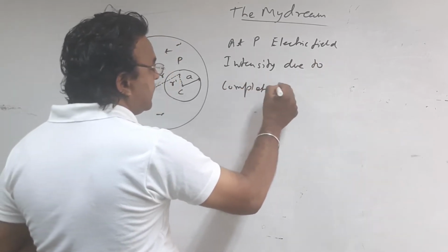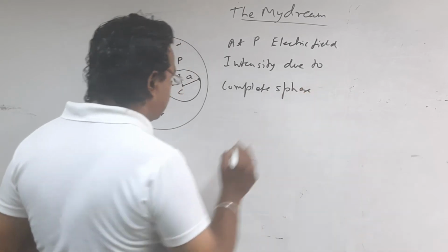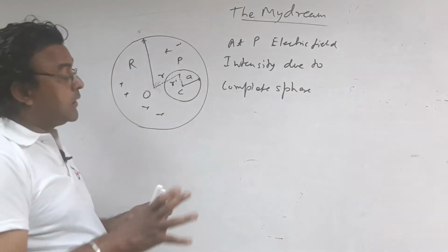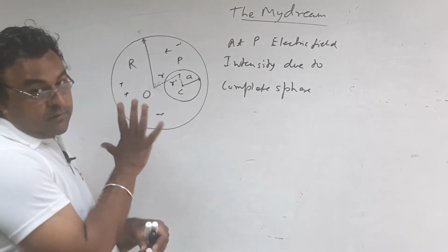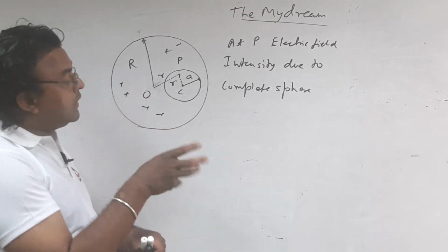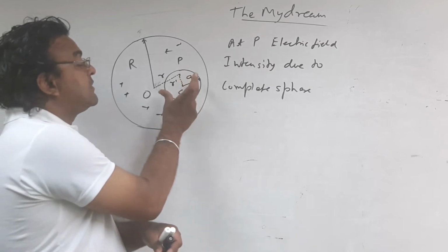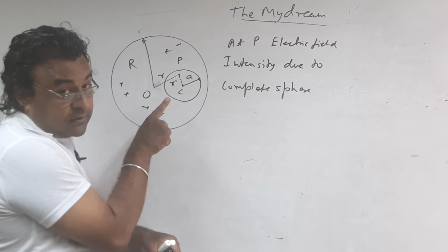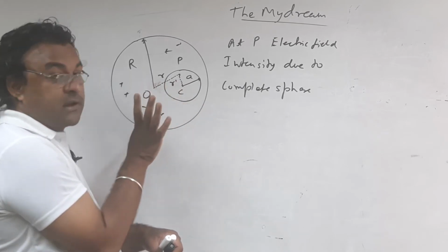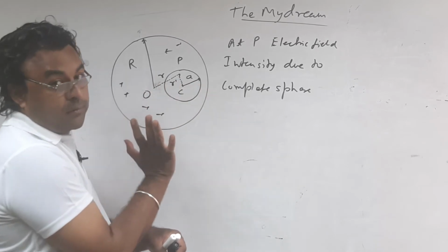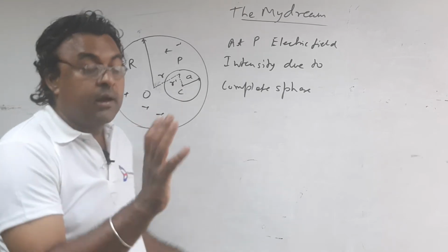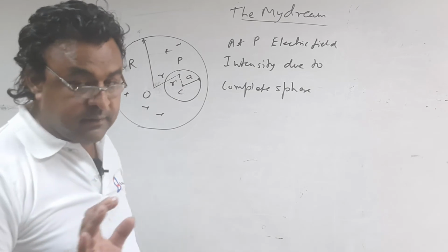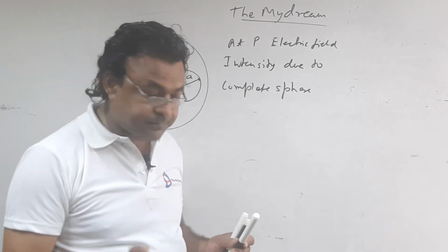complete sphere. Let's first assume in this way, suppose there is no cavity first of all, and the whole sphere is positively charged. Later I'll place a cavity, or a sphere of radius a having negative charge. The negative and positive charge will cancel out each other and a cavity is formed. Now listen, I'm saying that initially, suppose there is no cavity and this is completely positively charged.